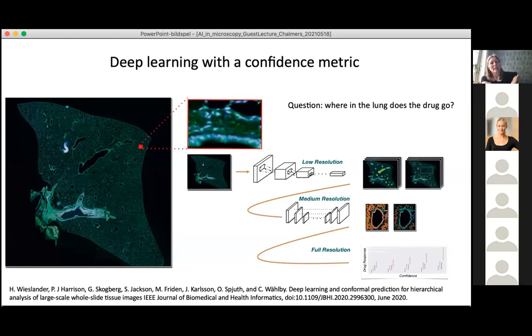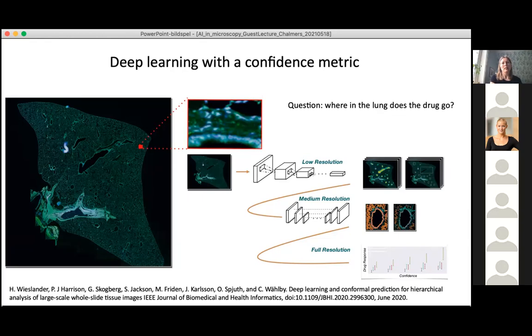One thing that we have also been combining with deep learning is confidence metrics. Very often in microscopy, you can have really big images, but the information that you care about is really sparsely distributed.